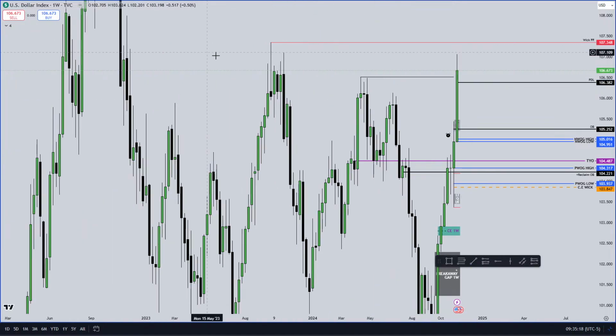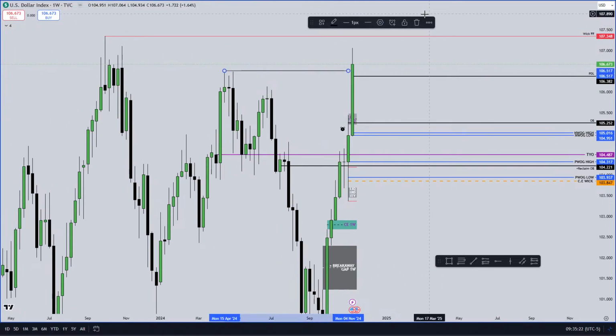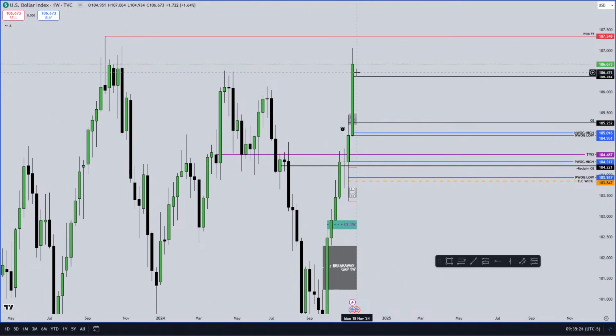So our next point of liquidity is this high. Since this high is swept, we might see a small pullback, or it could easily rally to the high.